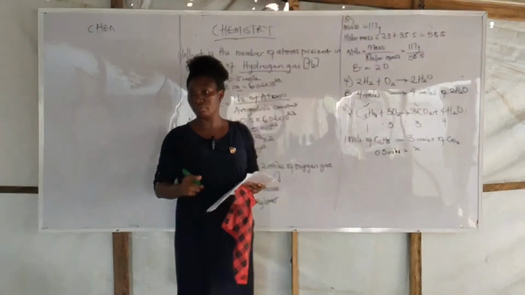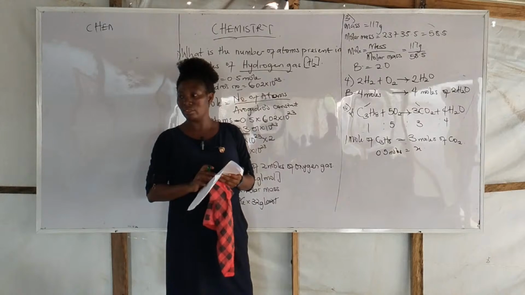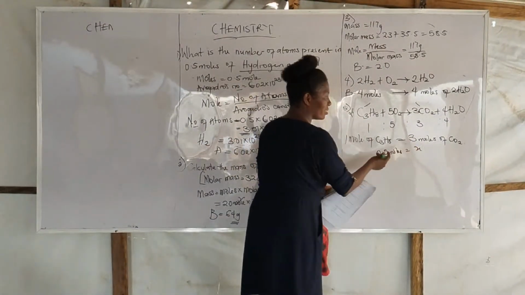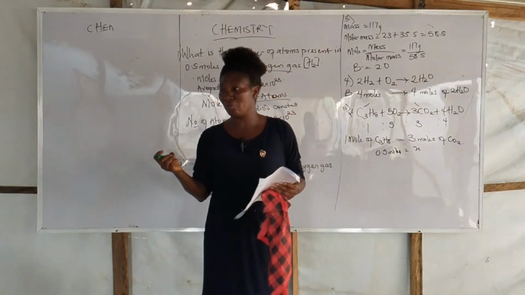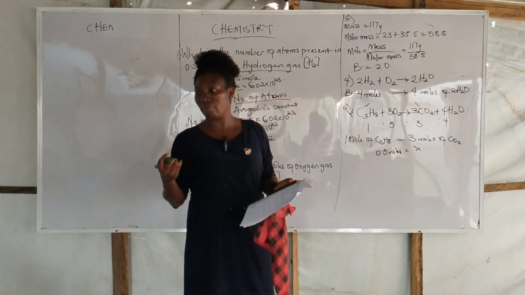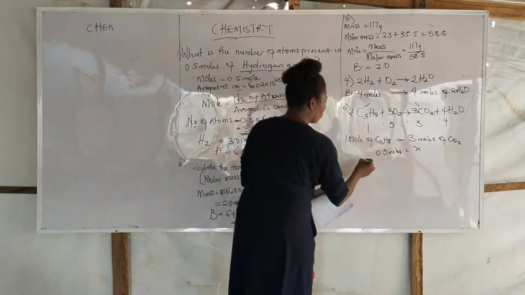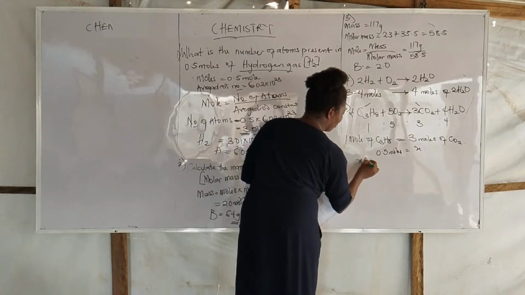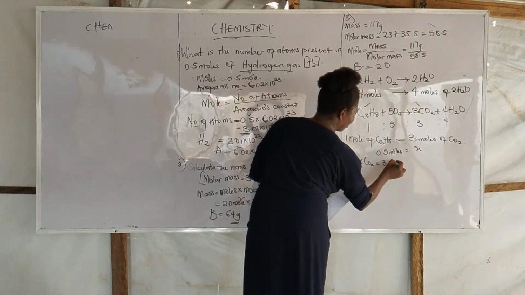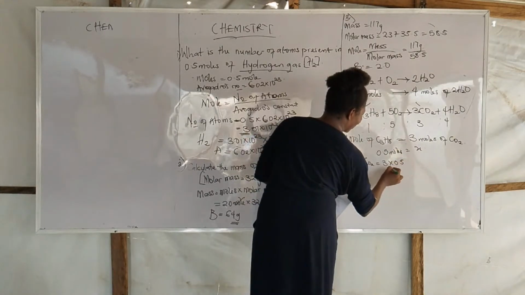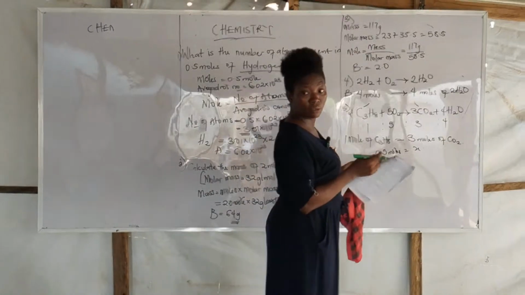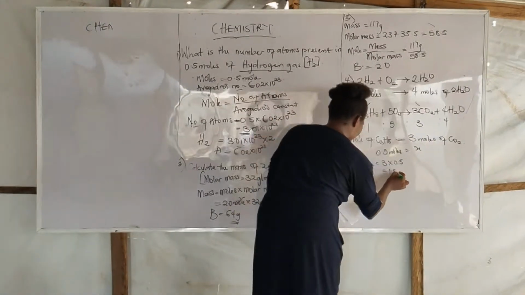Look at the question. To get your X, the number of moles of carbon dioxide, you make X the subject of the formula. X of carbon dioxide equals 3 times 0.5 moles. Am I right? Calculate it. 1.5 moles, correct.